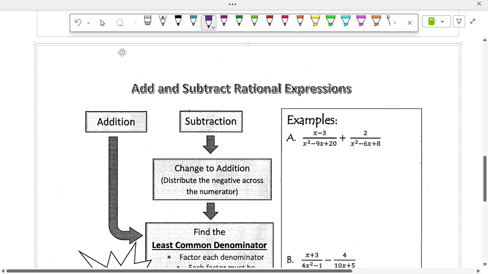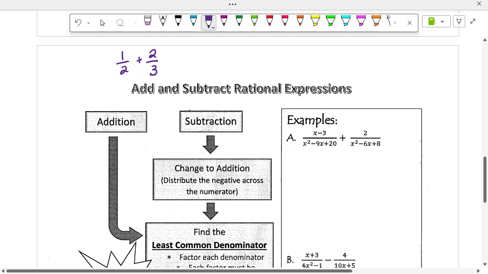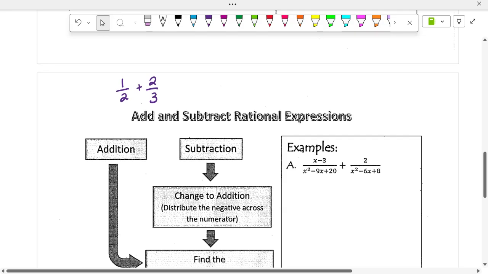So let's say I had 1/2 plus 2/3. Who remembers how to add fractions? What is the first thing you got to do when you add fractions? Find a common denominator.